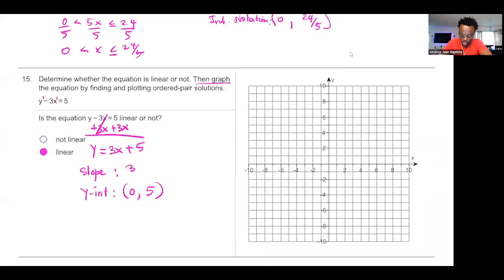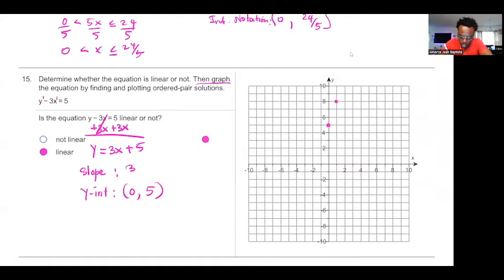So we're going to start with the y-intercept at 5. From that, we're going to go up 3 and over 1, or 3 over 1: 1, 2, 3, and over 1.